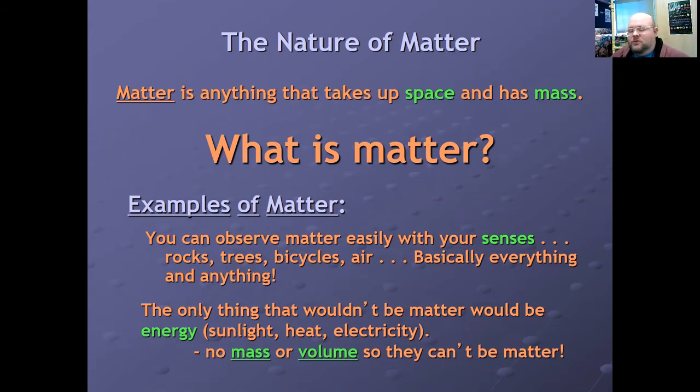You can observe rocks, trees, a bicycle, the air, everything that exists that takes up space and has mass is matter. Now, something that we don't count as matter is energy. So sunlight, heat, electricity, it doesn't have a mass, it doesn't have volume. Those things are not matter, but anything that has mass and takes up space is matter. And that's what we're going to focus on here.